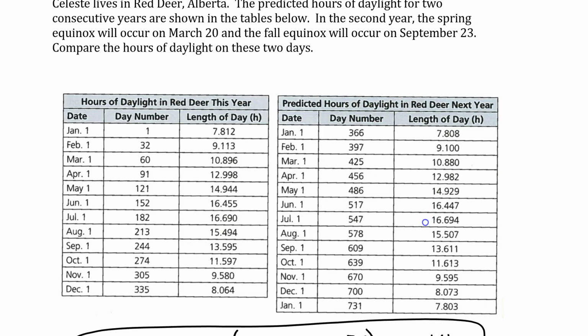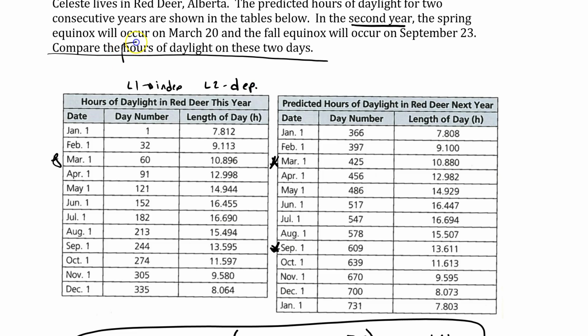So let's look at the question again. It says right here, in the second year. So we're not talking about this March 1st, but the second one, this guy right here. The spring equinox will occur on March 20th, and the fall equinox will happen on September 23rd. Compare the hours of daylight. The day number is our L1, our independent, and the length of day is our L2, our dependent.